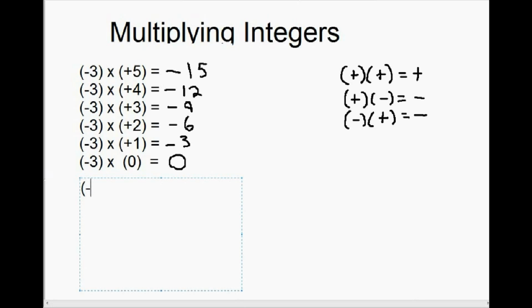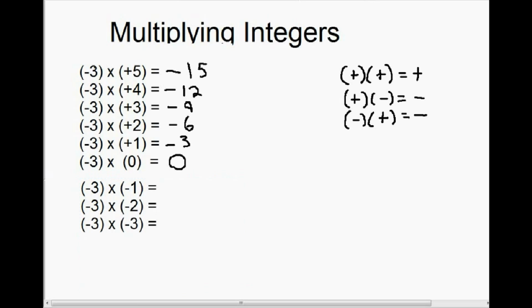So we're going to continue multiplying -3, but if we continue to now decrease by values of 1, our next question should be -3 times -1. And then still doing our -3 times tables, our next question should be -3 times -2, and so on.